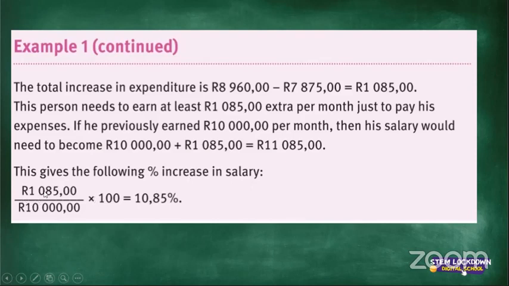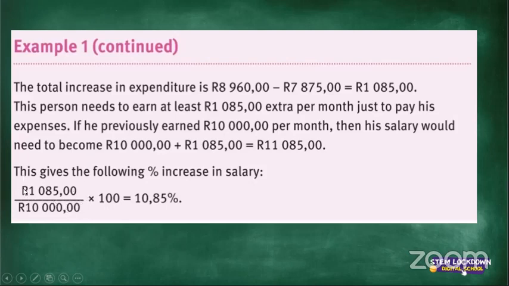You take the difference, the new price minus old price, that's where you found this difference, right? Over the old price. And then multiply by 100%. No man, let me clarify that explanation once again. To find out the percentage increase in salary, we have this difference here, the difference in expenses, this total increase in expenditure.